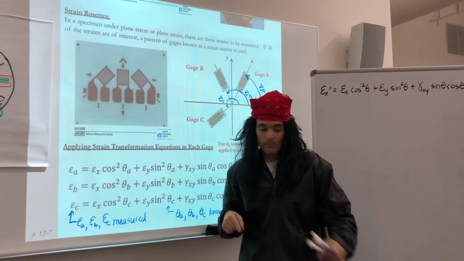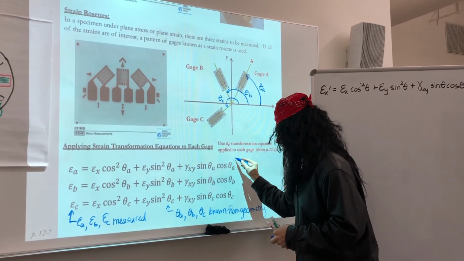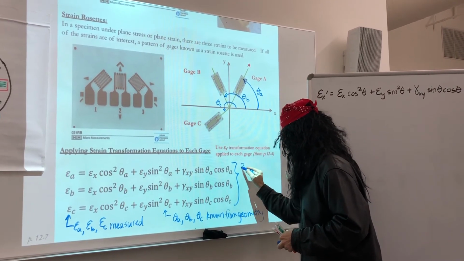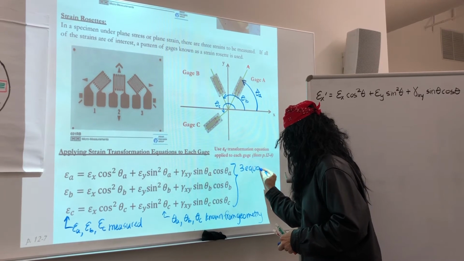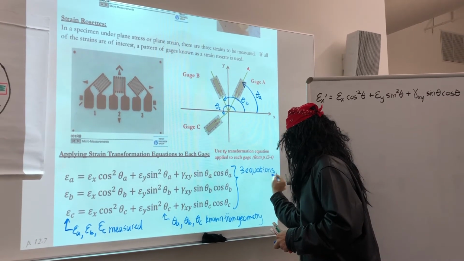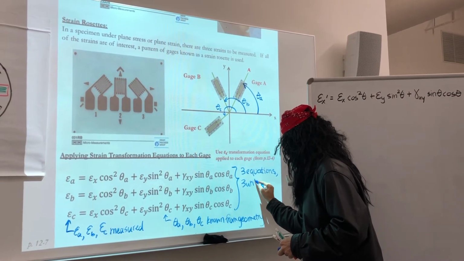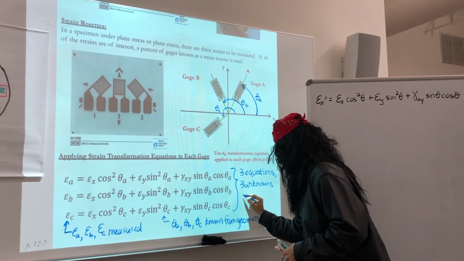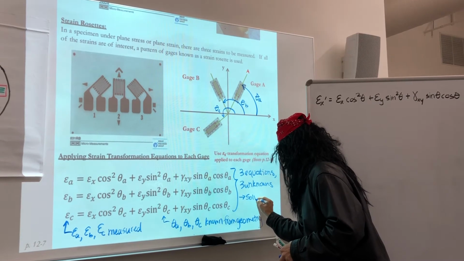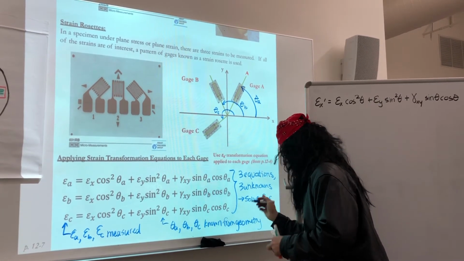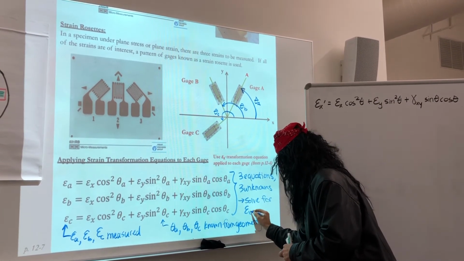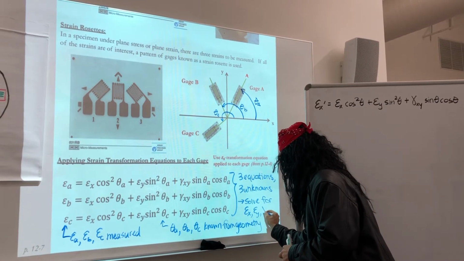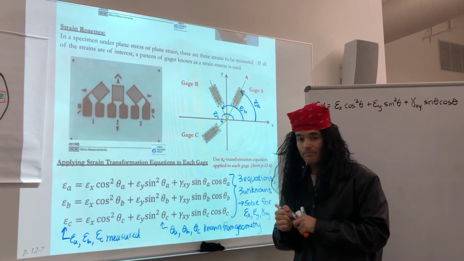You guys are astute mathematicians, so I know that you recognize that there are 3 equations here and 3 unknowns. And so you're able to solve for epsilon x, epsilon y, and gamma xy.